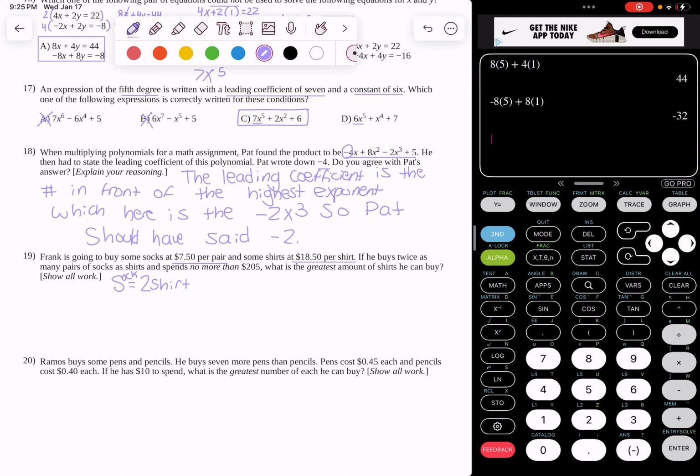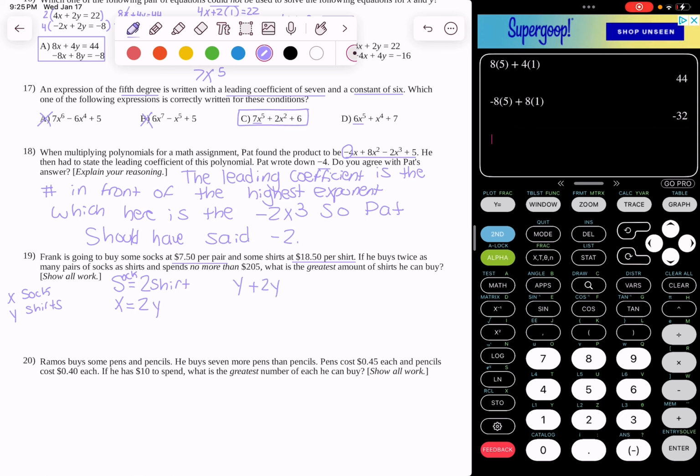All right, let's make X socks and let's make Y shirts. So his socks, X, are equal to twice as many shirts. The first thing he's doing is buying shirts. Then he's also buying the socks, which is 2Y.